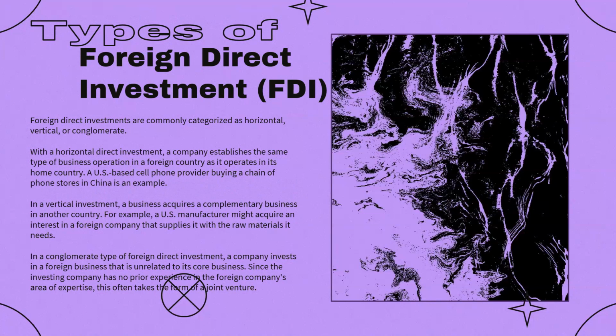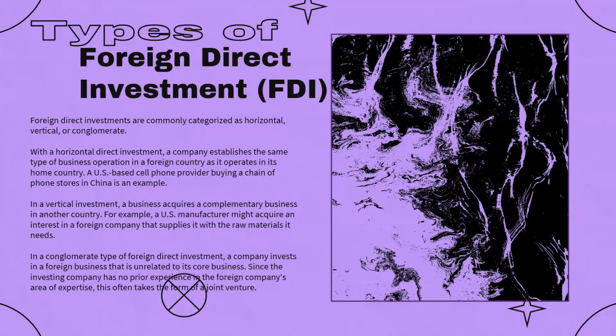Pag vertical investment naman, a business acquires a complementary business in another country. For example, a US manufacturer might acquire an interest in a foreign company that supplies it with the raw materials it needs. So basically, pag sinabi nating horizontal, we are establishing the same.